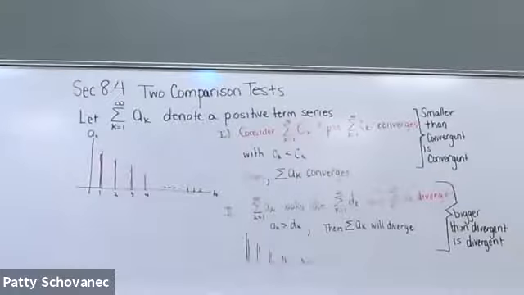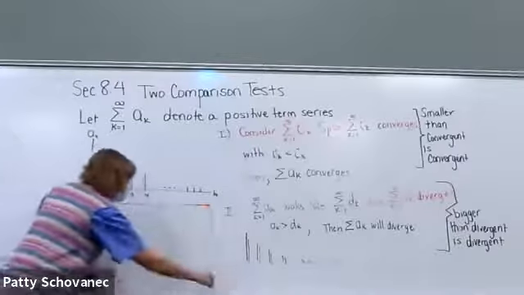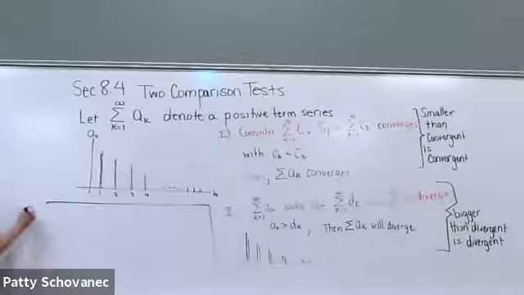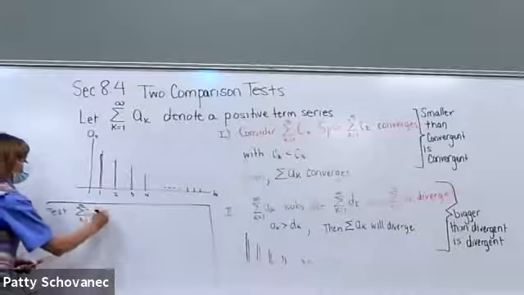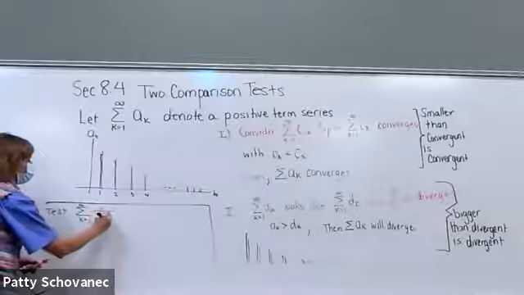So I've got a little bit of room right here. I'm going to do a little tiny example right in here. Let's test the series from k is equal to 1 to infinity of 1 over k cubed plus 5.